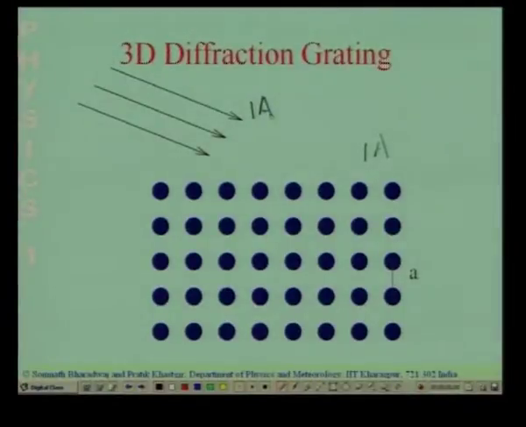You have X-ray which has a wavelength of the order of 1 angstrom, which is incident on a crystalline solid. Now, what is going to happen when you have X-ray radiation? X-ray, remember, is an electromagnetic wave which is incident on some crystalline solid.